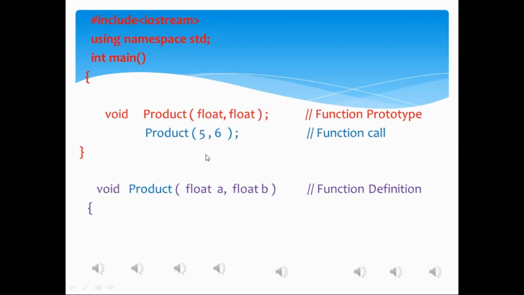In this function definition, what is there here? Sir, void product float a, float b. To make you understand this, for a function definition we write the same header, but we do not write the semicolon.